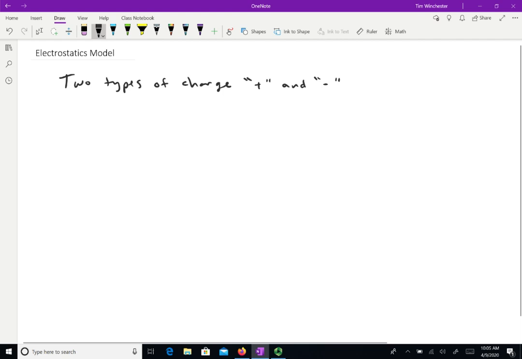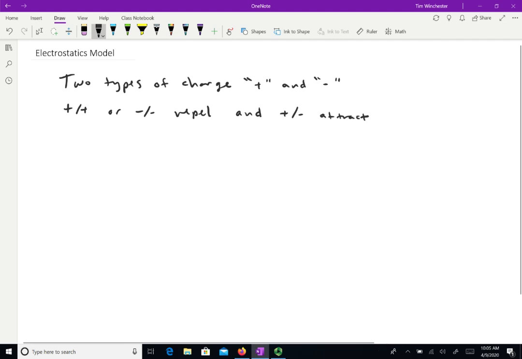Okay, so if you identify some positive charge and some negative charge, then what you'll find is that if you bring two positive charges together, or if you bring two negative charges together, then they repel. Meanwhile, if you have a positive and a negative charge near each other, they will attract.